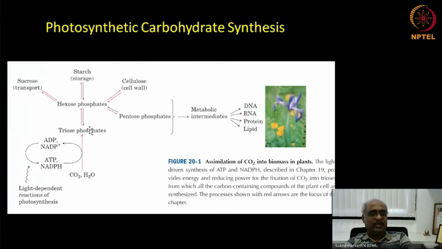This is why carbohydrate chemistry is central in life. Life is actually carbohydrate chemistry. The other molecules are all produced from carbohydrates only, because the way carbon enters into the system is via carbohydrate formation.